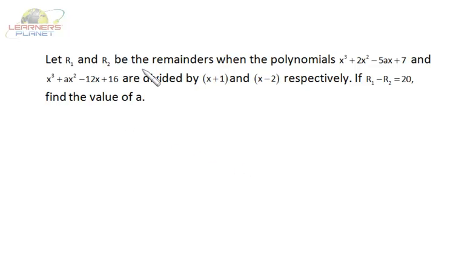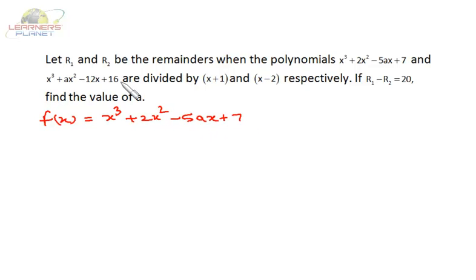Let R1 and R2 be the remainders when polynomials this and this are divided by x + 1 and x − 2 respectively. If R1 − R2 is 20, we have to find out the value of a. Let's assume this polynomial to be f(x). So f(x) is equal to x³ + 2x² − 5ax + 7.